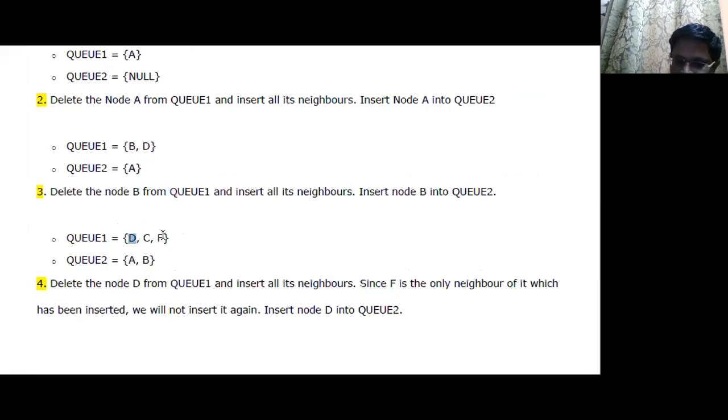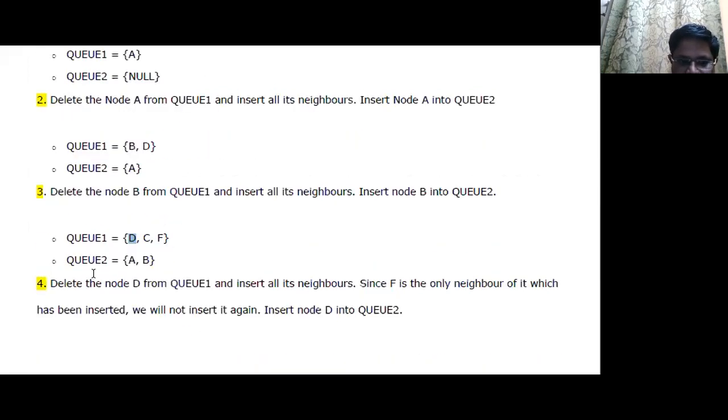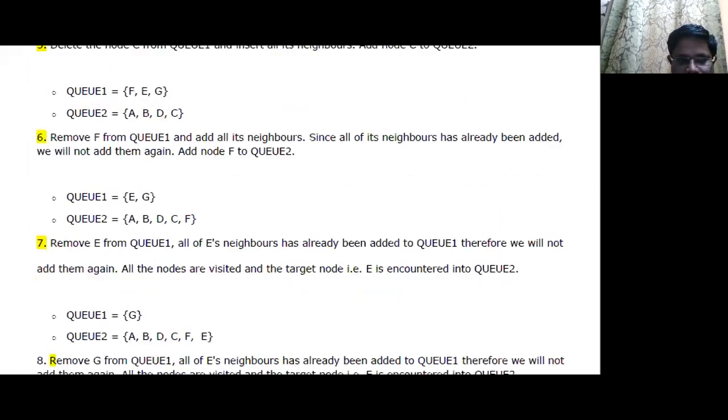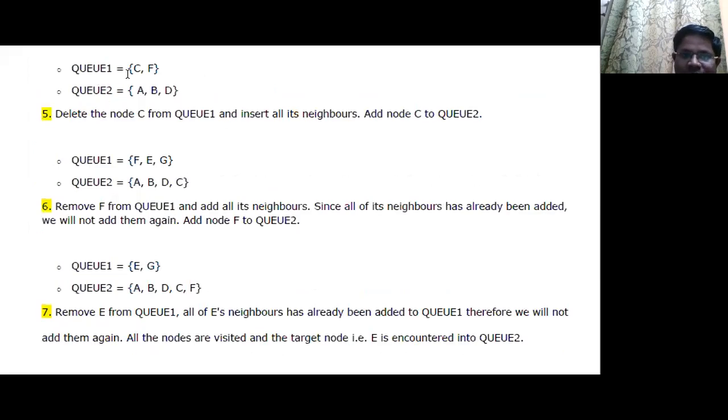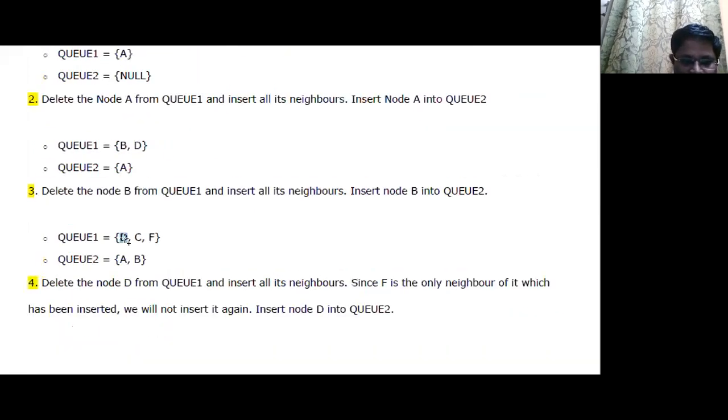So what we have to do is remove node D from Q1 and insert it in Q2. After this step, Q1 has only 2 nodes, C and F, and Q2 has nodes A, B and D. D moves to Q2 and Q1 has only C and F.